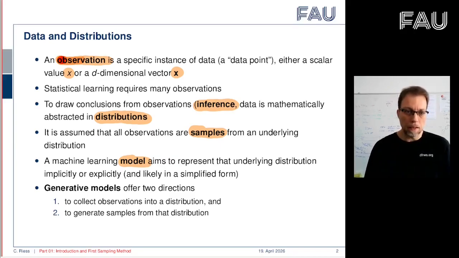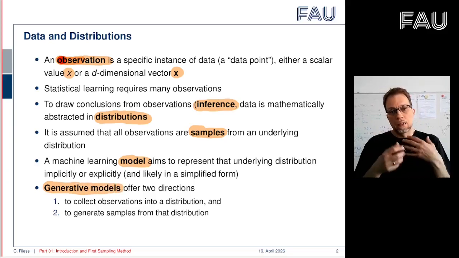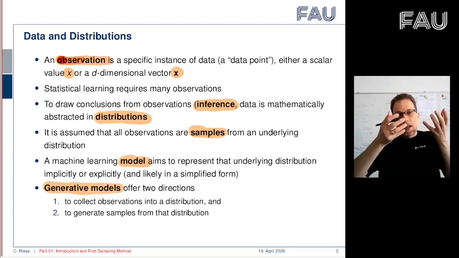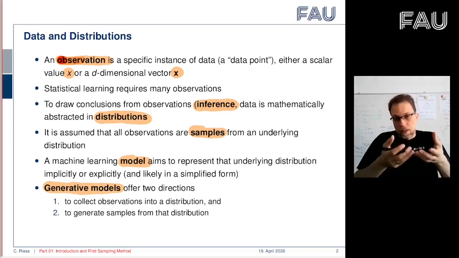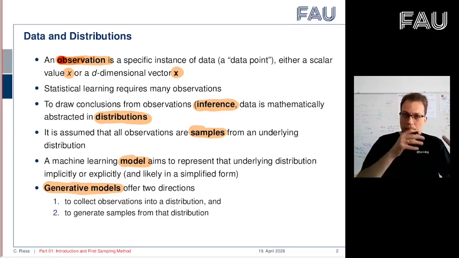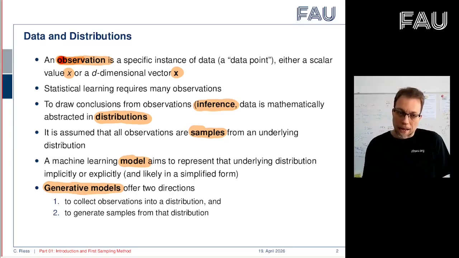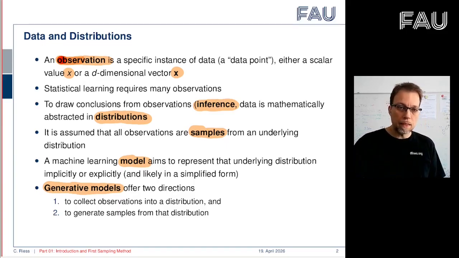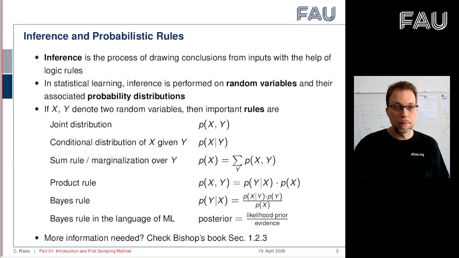So now if we also introduce the notion of generative models, these are those models that collect observations into a distribution and then also offer to generate samples from that distribution. So we have both perspectives united in generative models. And this is what we will be discussing quite a bit also in this class.